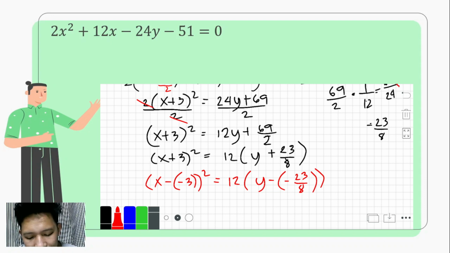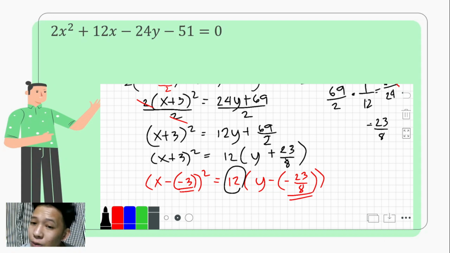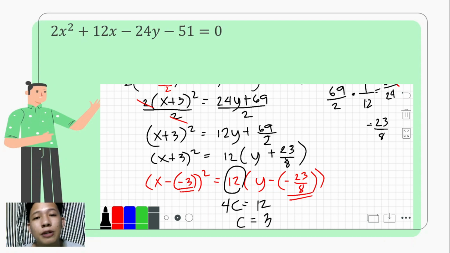The vertex, we can see, is at negative 3, negative 23 over 8. And the length of the latus rectum now is 12, which is actually 4c. So we have 12, then the value of c would be 3. And all other features will follow, just like what we did a while ago.